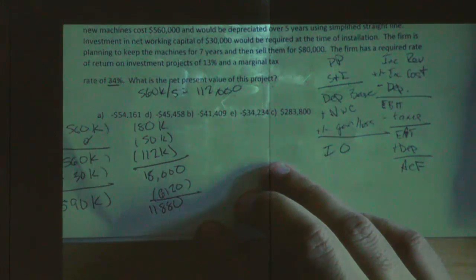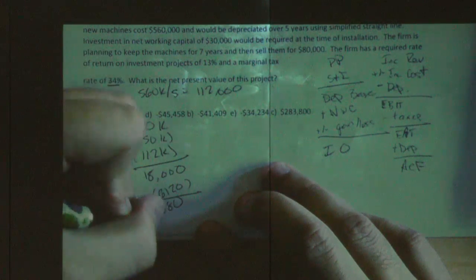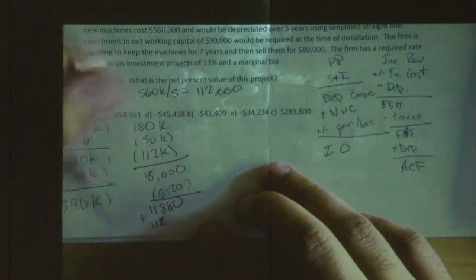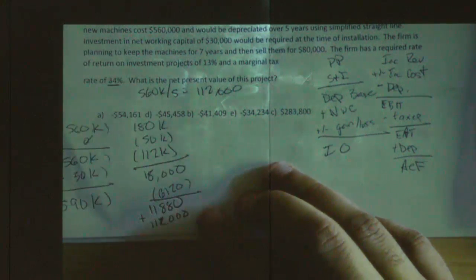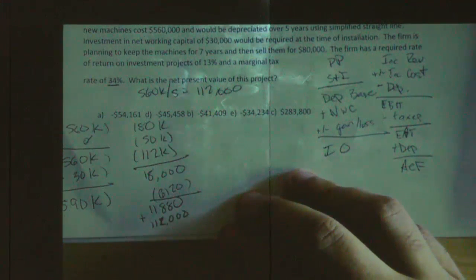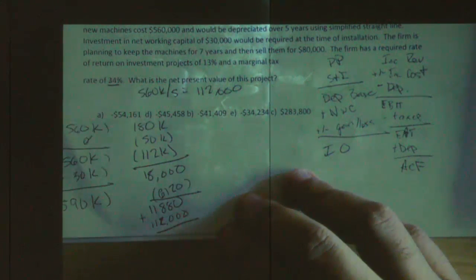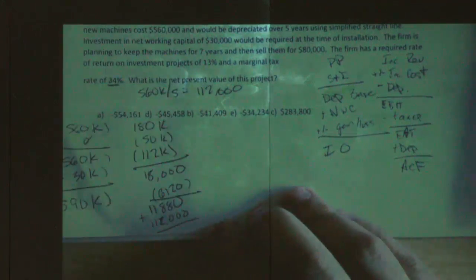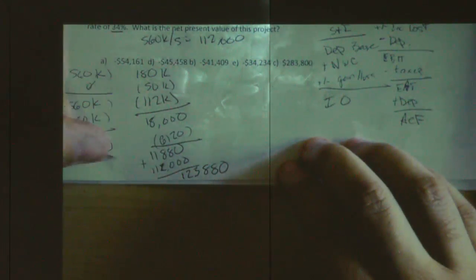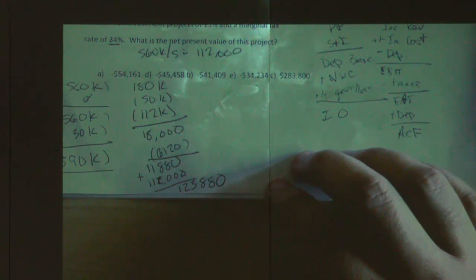And then we have to add back your depreciation, because technically depreciation isn't a cash outflow. So we're going to be adding that back in, and we end up, sorry, this is pretty tight right here, with annual cash flows of 123,880. Now here, you kind of want to read how long they plan to use it.